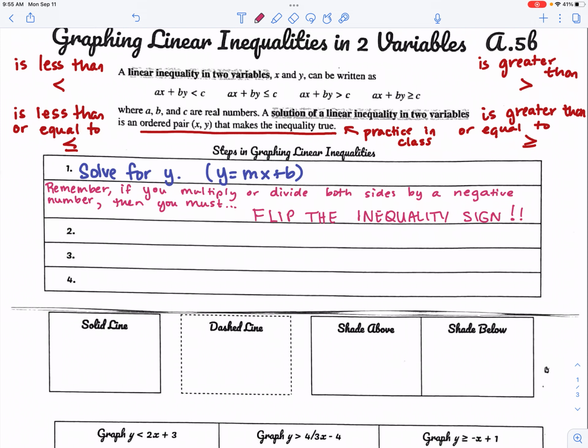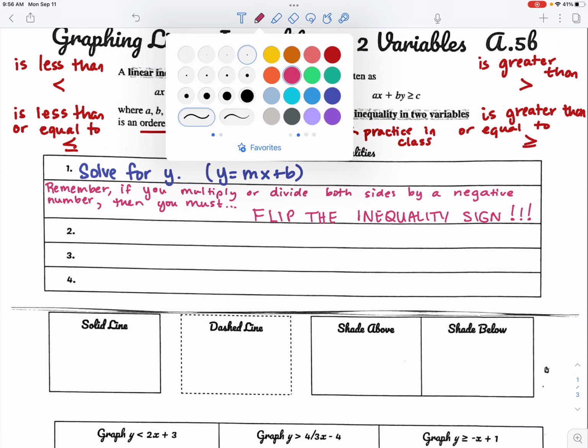This is huge. Anytime you're solving an inequality, if you ever multiply or divide both sides by a negative, then you must flip the inequality sign. A less than becomes a greater than. A greater than or equal to becomes a less than or equal to. It's really important. If you miss that step, you will get incorrect answers.